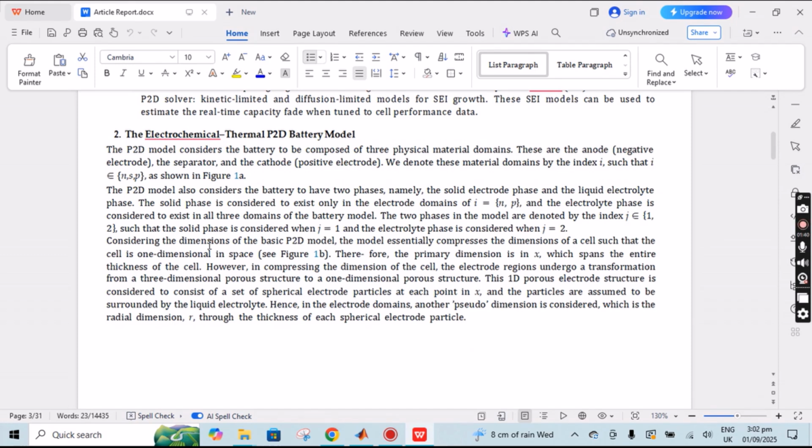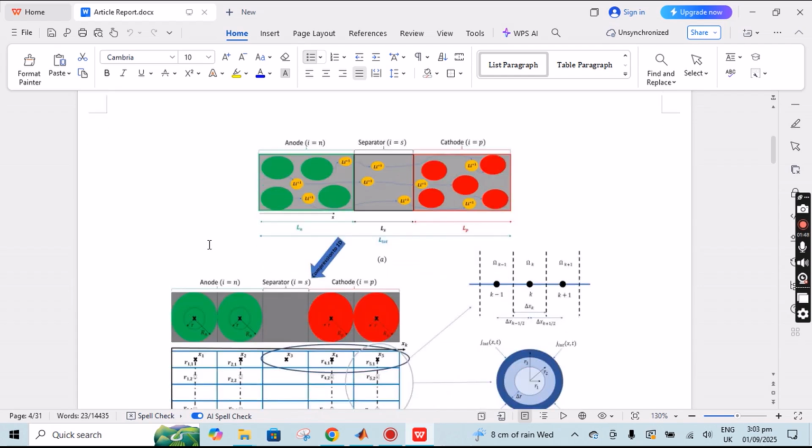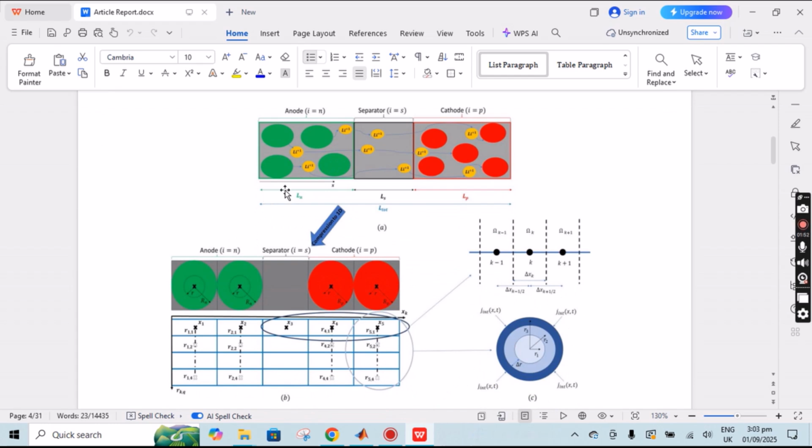the anode as the negative electrode, the separator, and the cathode as the positive electrode. So the P2D model considers this kind of lithium-ion battery. Here is the cathode, shown with red circle dots, the separator as an insulator, and the anode considered as green bubbles.